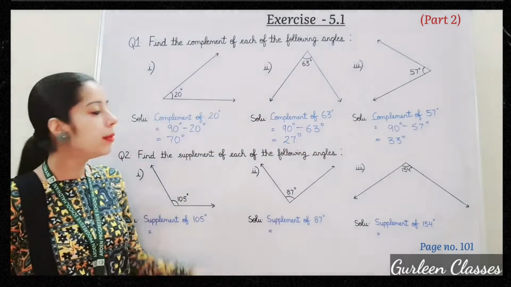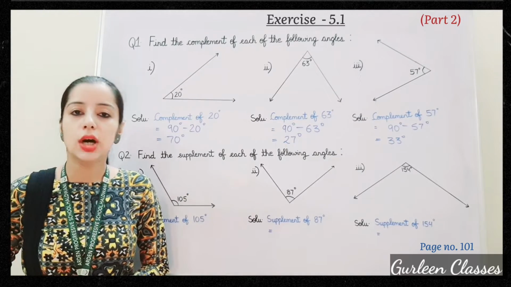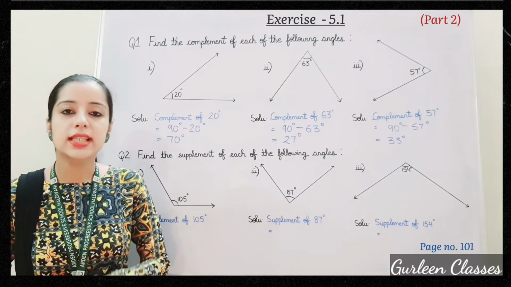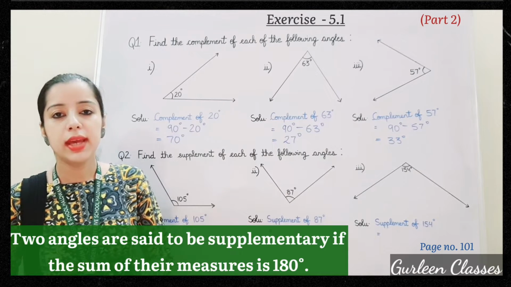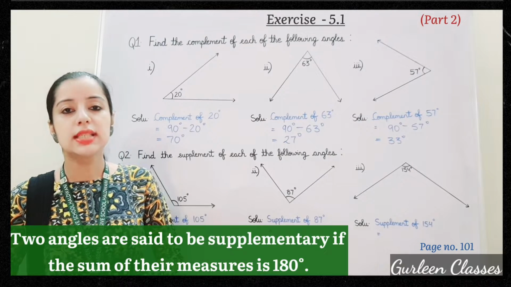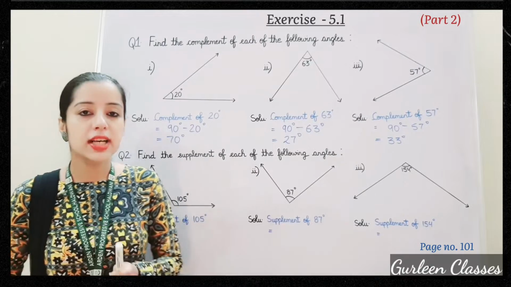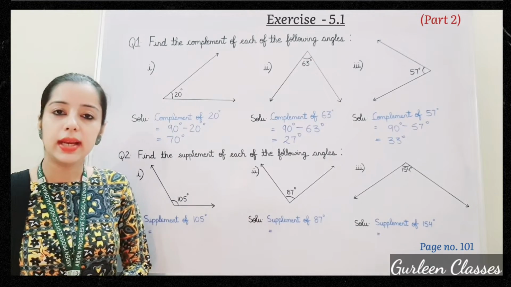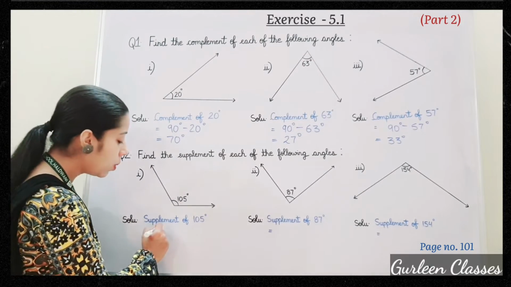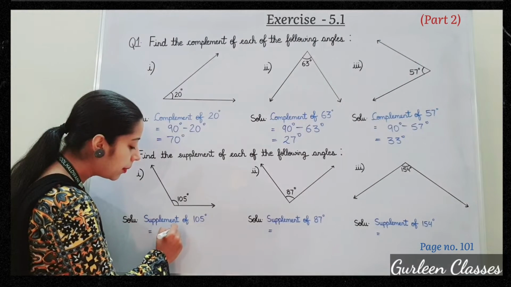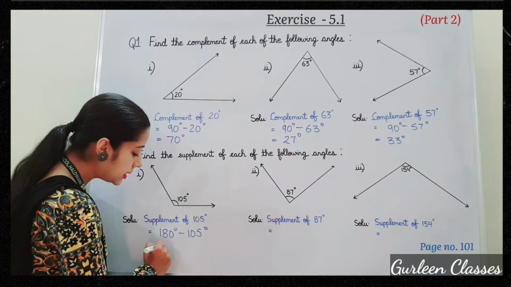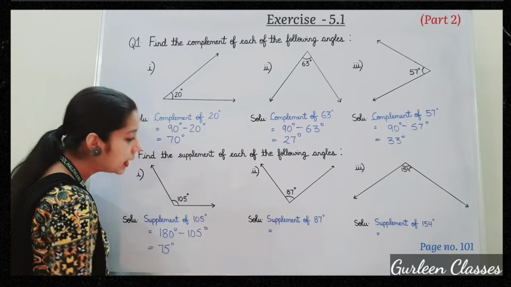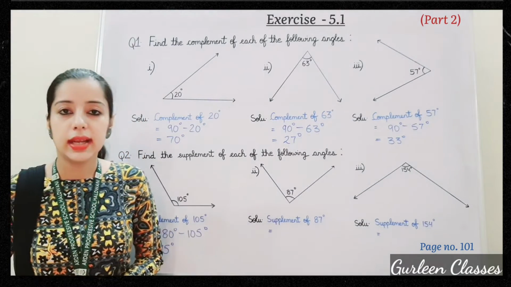Question number 2. Find the supplement of each of the following angles. What are supplementary angles? Two angles are said to be supplementary if the sum of their measures is 180 degrees. First part, 105 degrees. So you will subtract 180 degrees minus 105 degrees. So the answer is 75 degrees. Second part, 87 degrees.